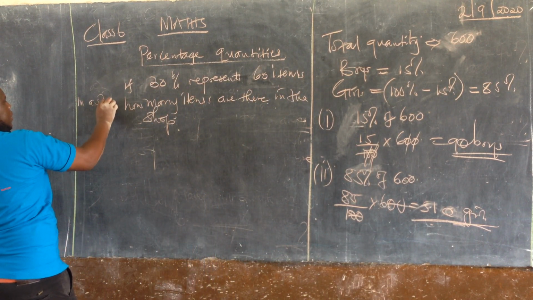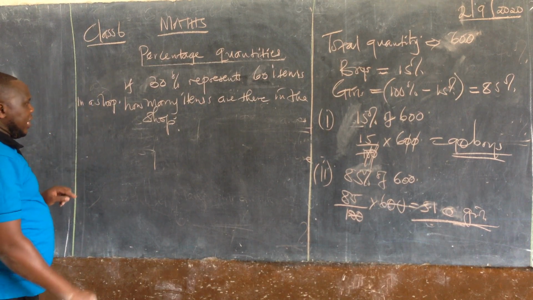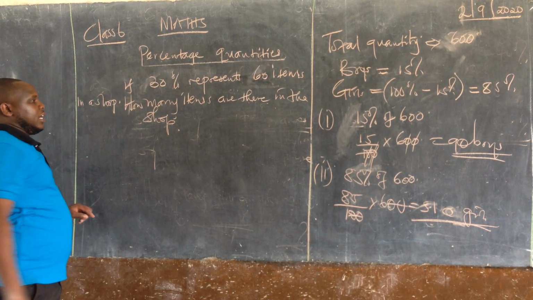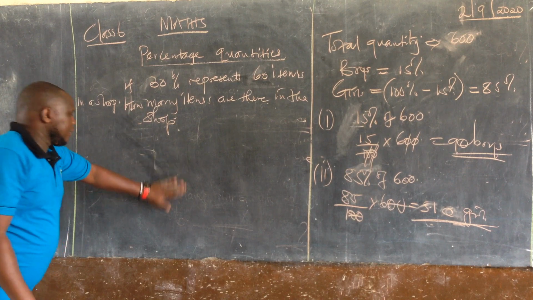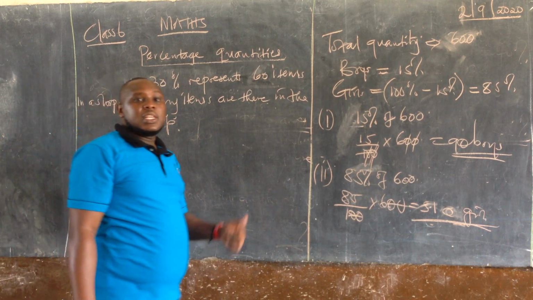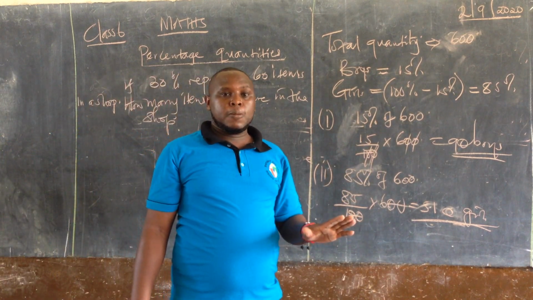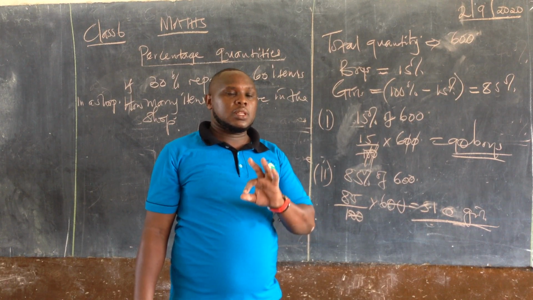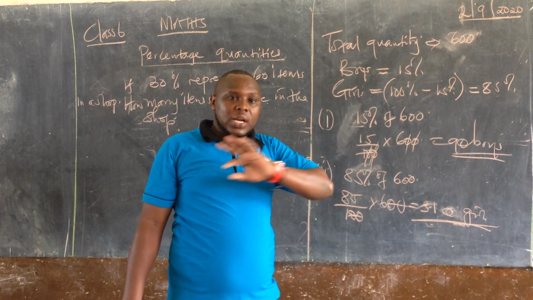In a shop, full stop. How many items are there in the shop? Now we are going to assume that this particular shop is full, and so all items are there.